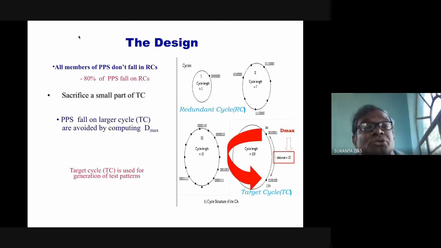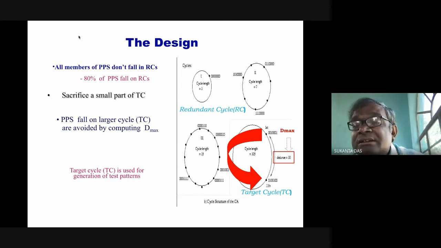Apart from the first to 11th, the rest part, if you call the distance Dmax, then the cycle length minus Dmax part remains PPS free. The patterns from this part can be exploited to test your circuit.